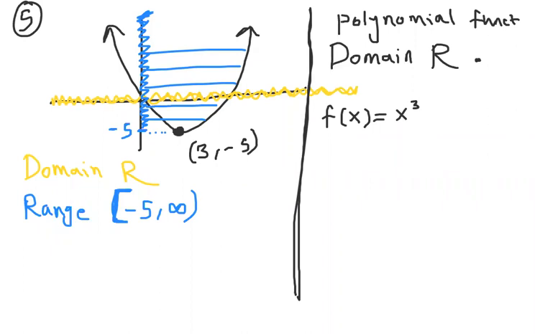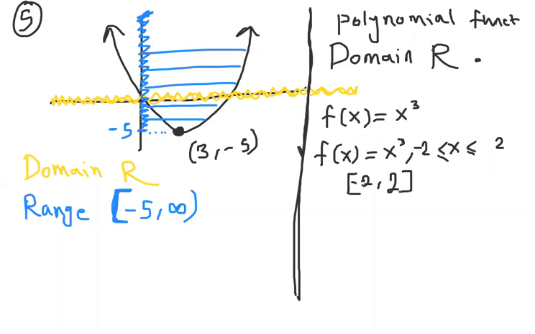It is R. But if I give you, for example, f of x equal x cubed, such that x is between 2 and -2, then the domain here is the closed interval -2 and 2.